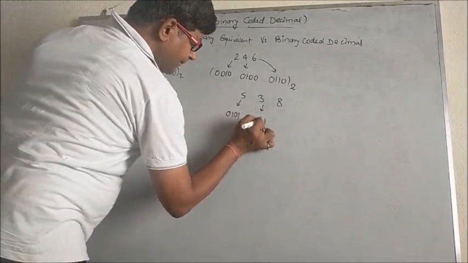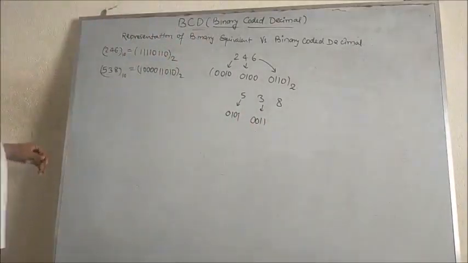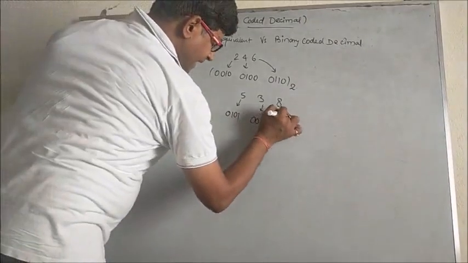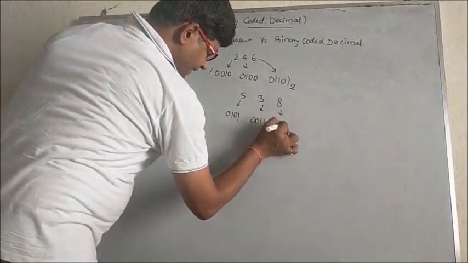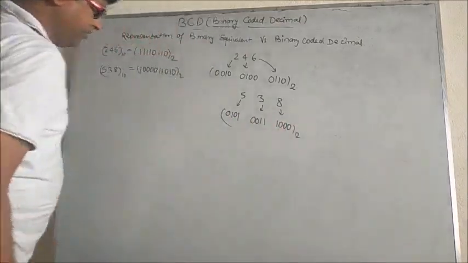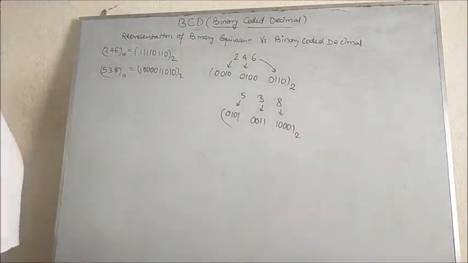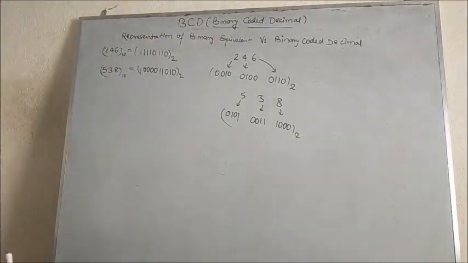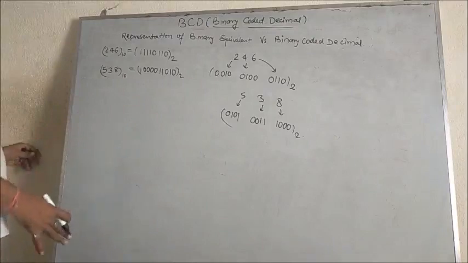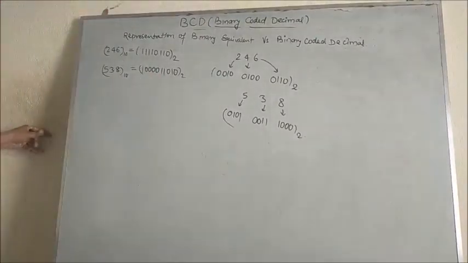It is 11, but we can tag 00 to the left. What about 8? 8 can be represented as 1000. So this will be your BCD equivalent of 538. Now again see the difference. This is the binary equivalent and this is the BCD equivalent, right?